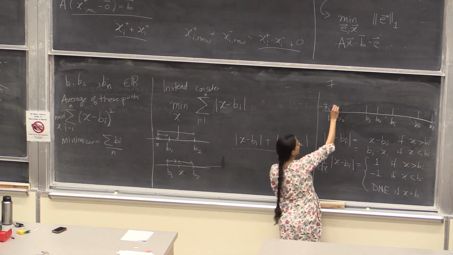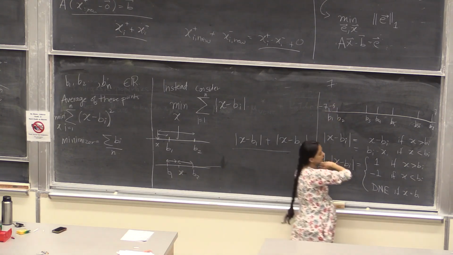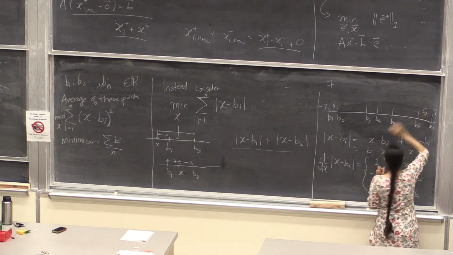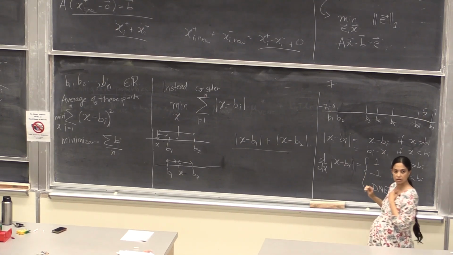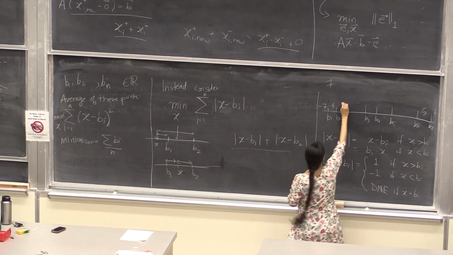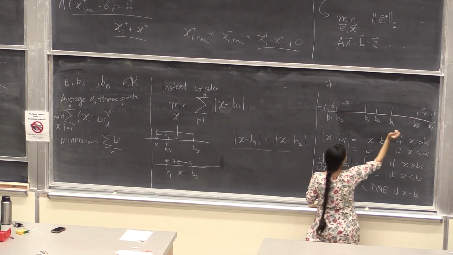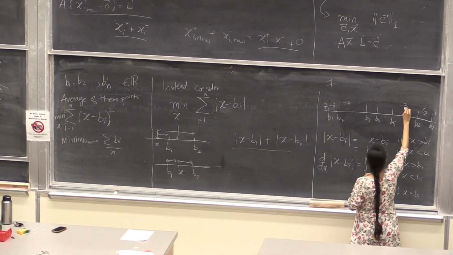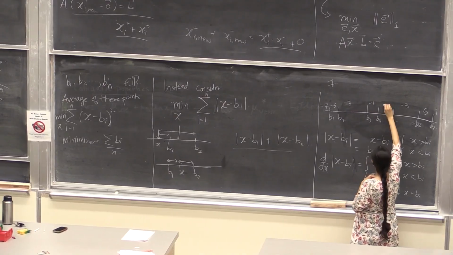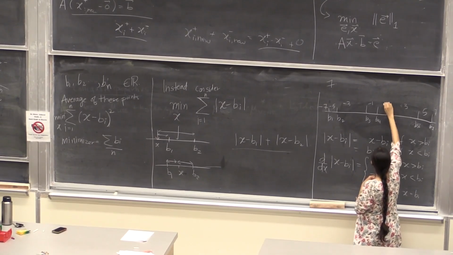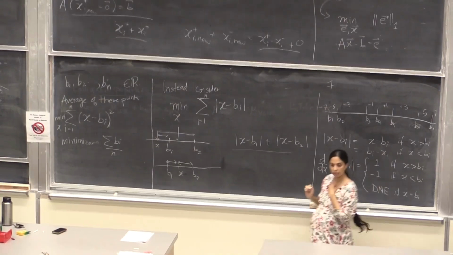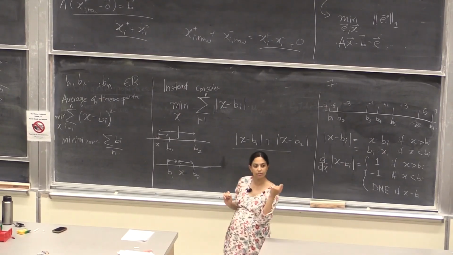I have a negative 5 here, right? And by symmetry, I'm going to have a 5 derivative here. Then I'm going to have a negative 3 in between these two, negative 3 in between these two, negative 1 here, and plus 1 here, right? This is how my derivative is going to change.